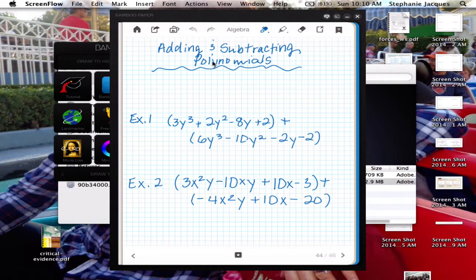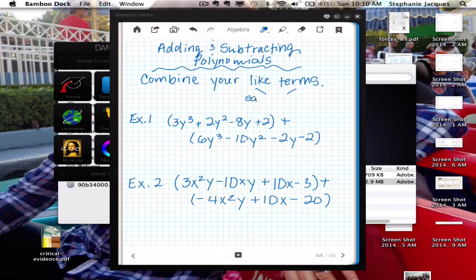When you add and subtract polynomials, you need to remember to combine your like terms. And what a like term is, let me remind you, is it has to have the same variable, and that variable needs to have the same exponent.